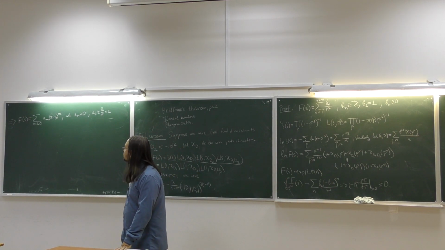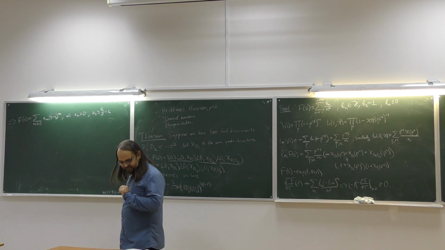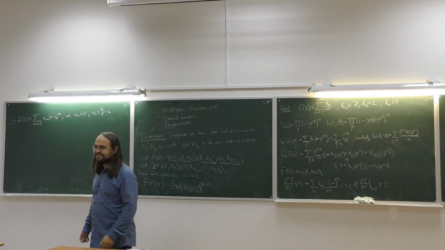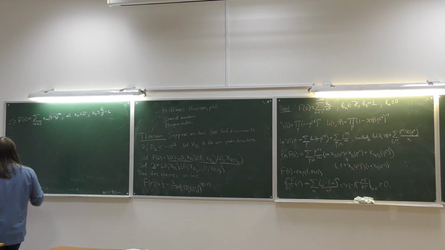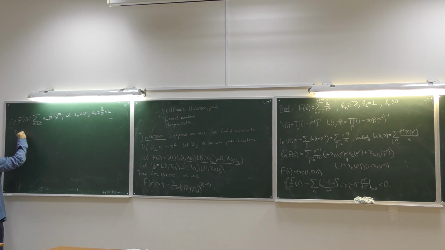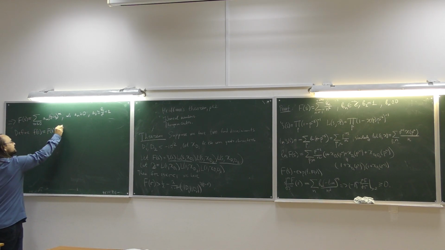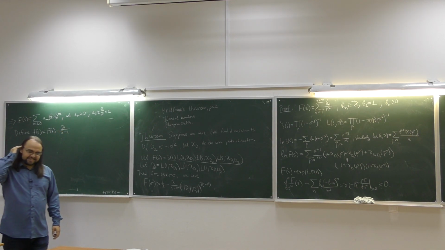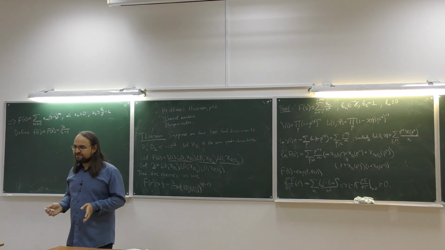Define small f of s to be f of s minus lambda divided by s minus 1. This function is, of course, holomorphic, right?